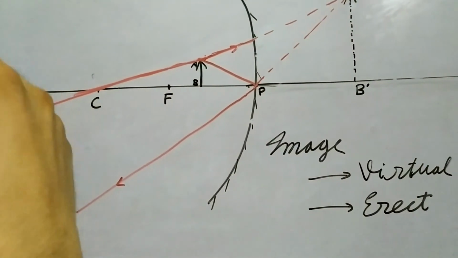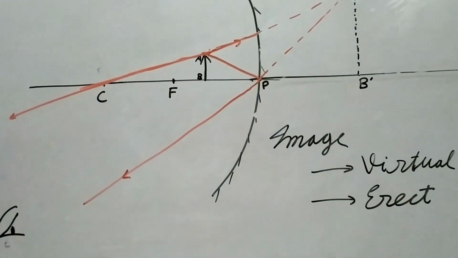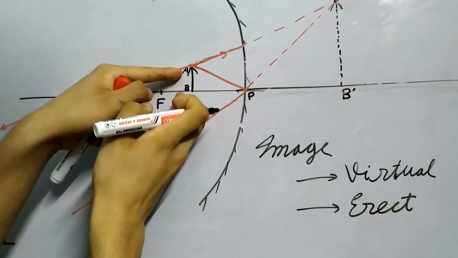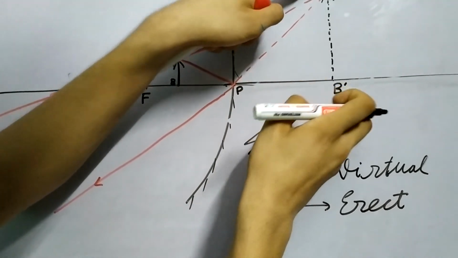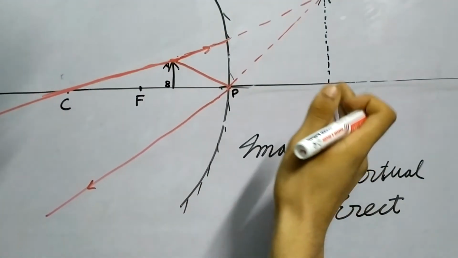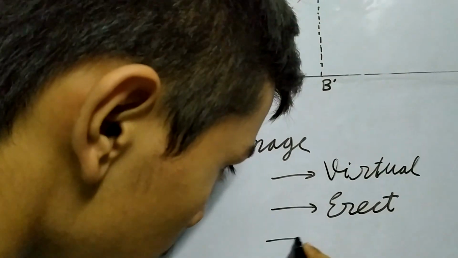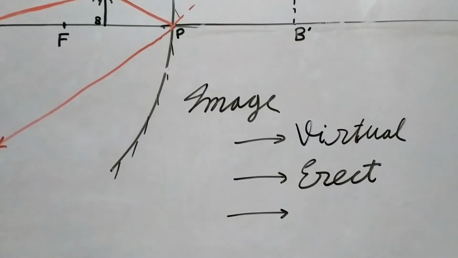Now let us consider the size of this image. Again, if you compare AB and A dash B dash, A dash B dash is larger than AB. Therefore we can say that the image is enlarged.